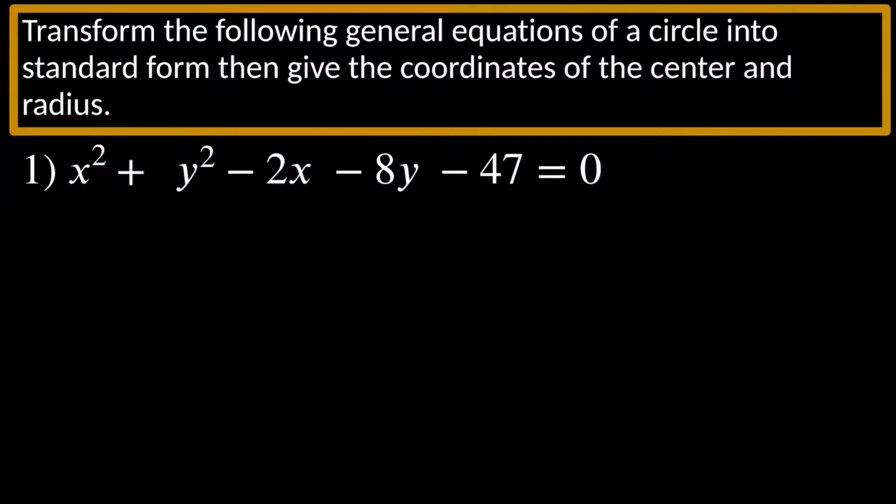All right, so let's have the first example. x squared plus y squared minus 2x minus 8y minus 47 equals 0. We're going to rewrite this into the standard form, which is of the form x minus h squared plus y minus k squared equals r squared.